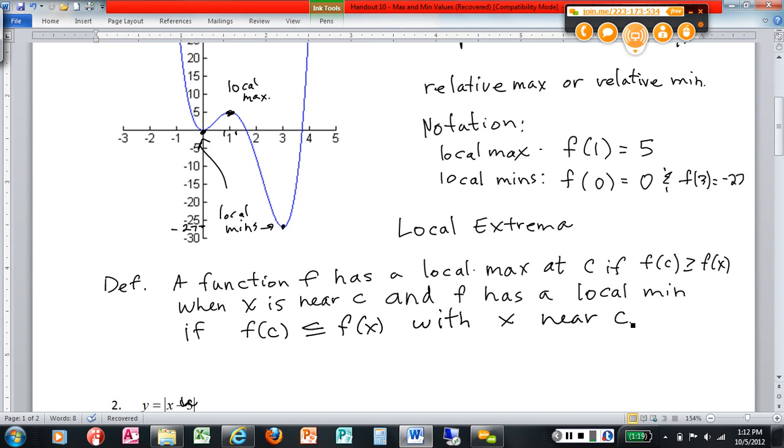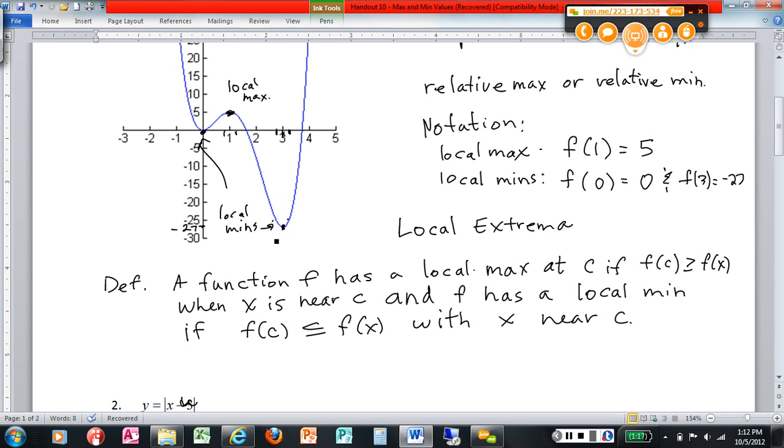If you've got a local min, like down here at x is 3, the function value at 3 is negative 27, but if you go near 3, at 3.1 or at 2.8, wherever you go there, the function values are all greater than the one at C. That's all that's saying.